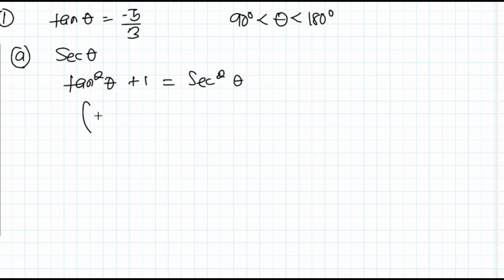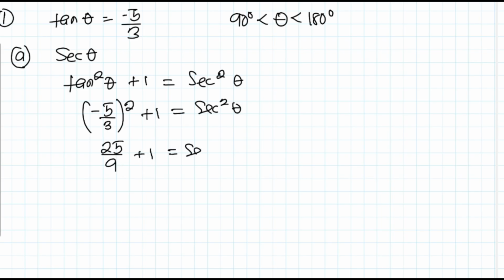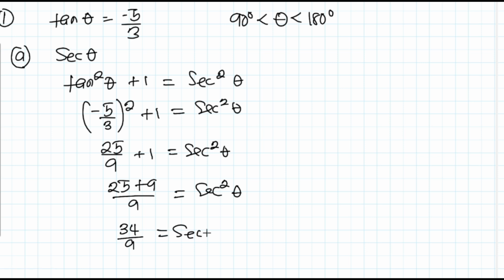Substituting our value, (-5/3) squared plus 1 equals sec square theta. So this is 25/9 plus 1 equals sec square theta. If we solve that, we have 25 plus 9 all over 9, so 34/9 equals sec square theta.